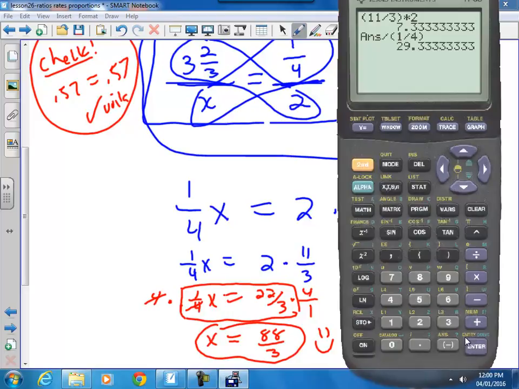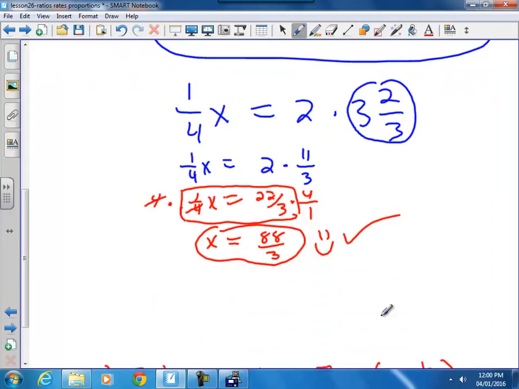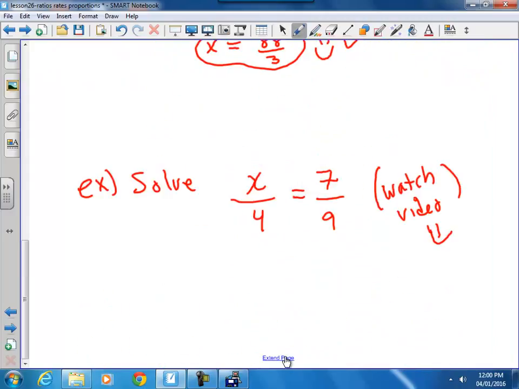And it'll spit out a decimal, but if I hit math frac, it'll spin it back into fraction form. See, 88/3. So, you could definitely use the calculator as a crutch, but make sure you know how to do it by hand.